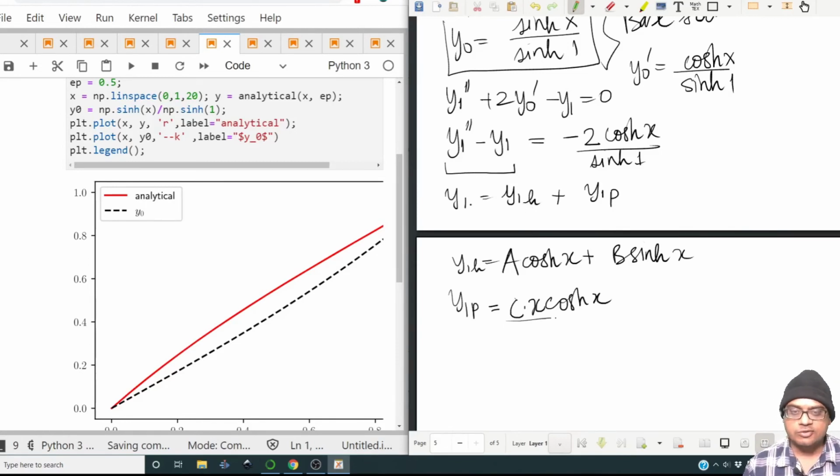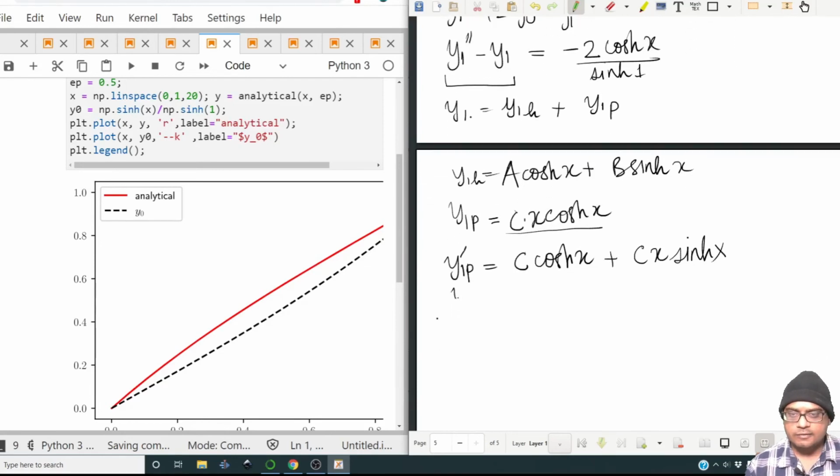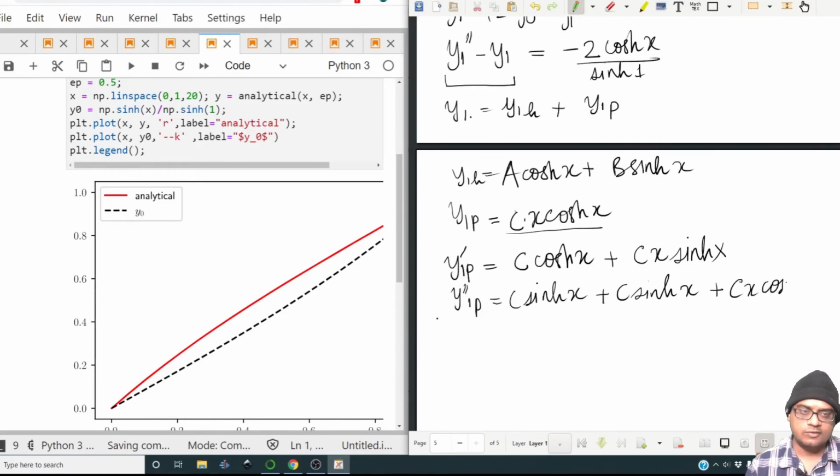So now let us use this form and substitute in the equation. What is y1 particular prime? It's going to be c cosh x plus cx sinh x. And then we take another derivative. So y1 particular double prime is equal to c sinh x plus c sinh x plus cx cosh x.